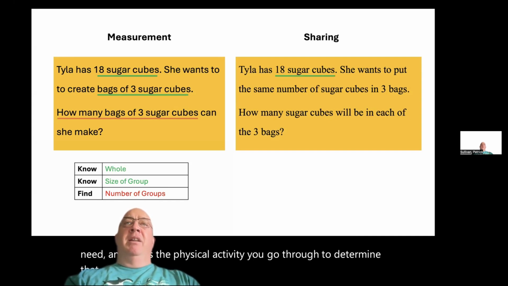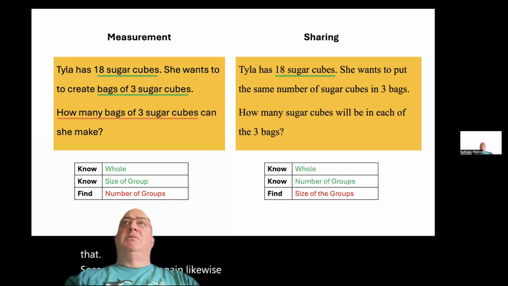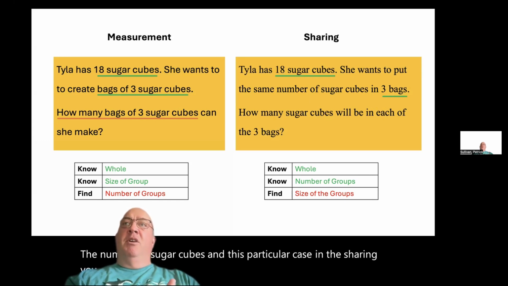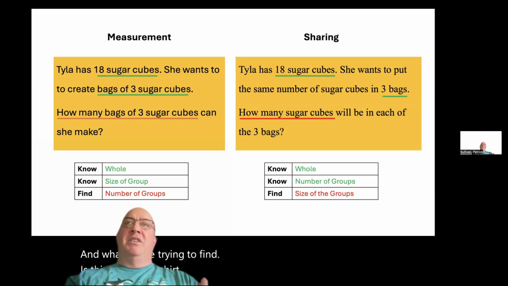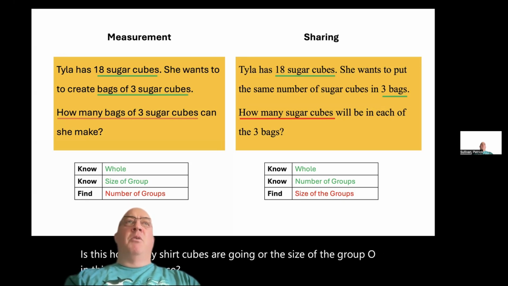Second problem, likewise, you know the number of sugar cubes. And in this particular case, in the sharing, you know the number of bags. And what you're trying to find is how many sugar cubes go in each, or the size of the group. So in this case, you go through a different action.